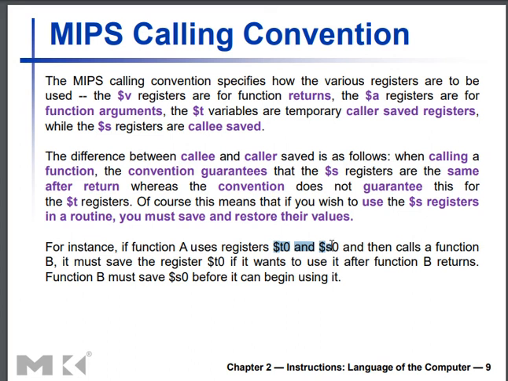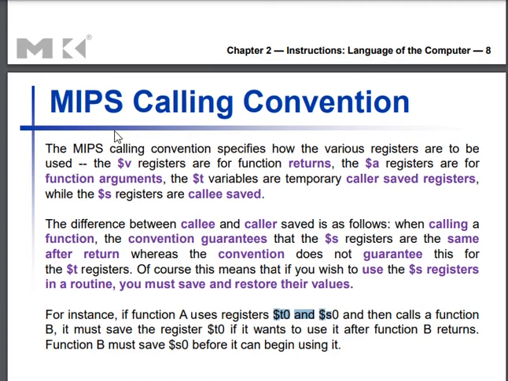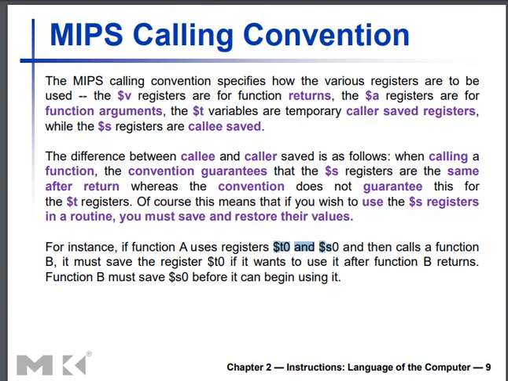Let's assume you have a procedure named A, which is going to use two registers. In this procedure A, it calls another function, for example B.